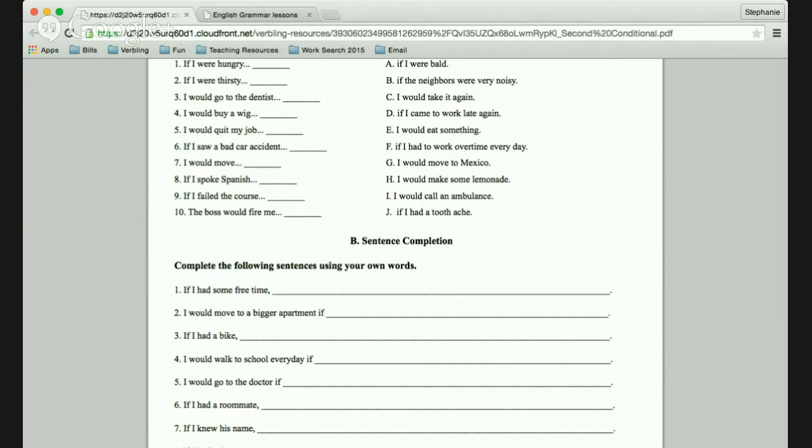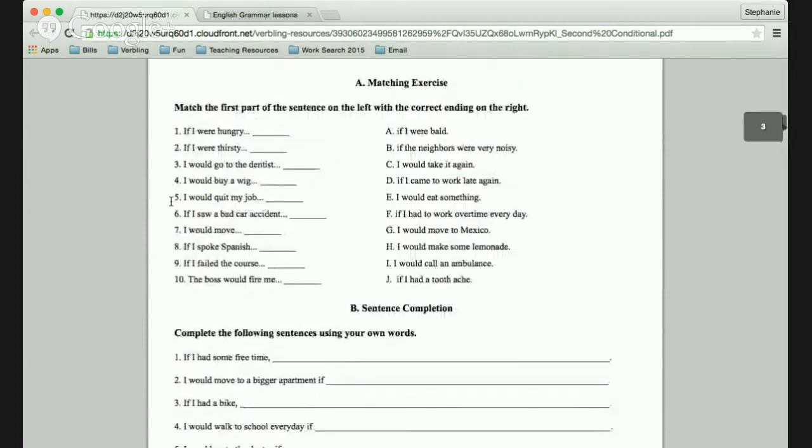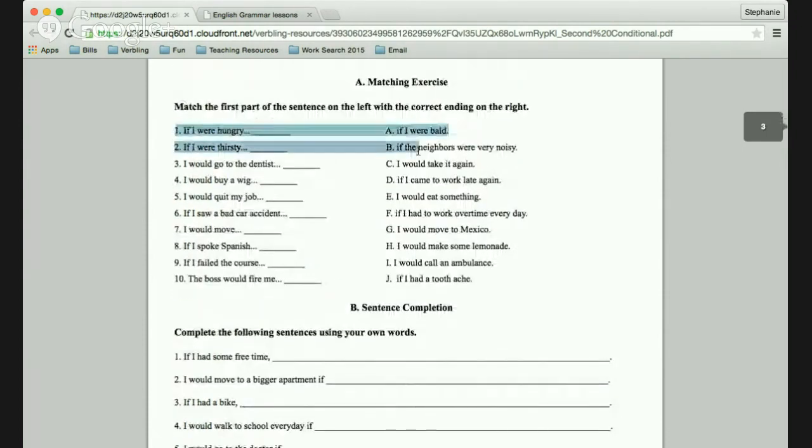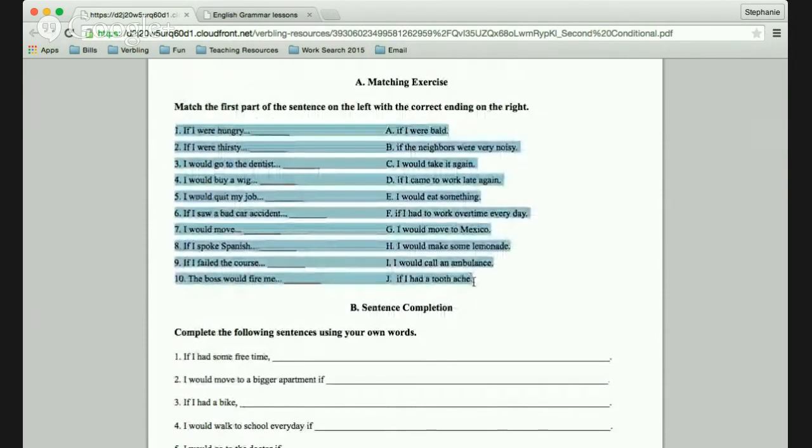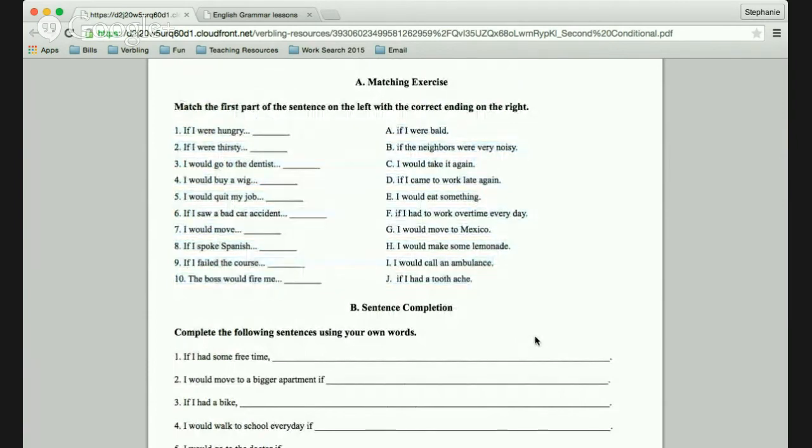This lesson on the second conditional, these worksheets, have you done them before with me in a class? No, because there weren't any free seats. Oh, okay. Well, good. So then my repeating it is good for you.